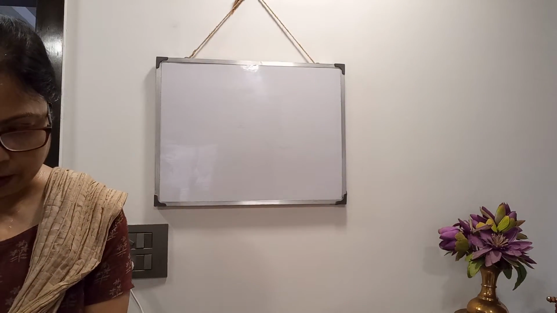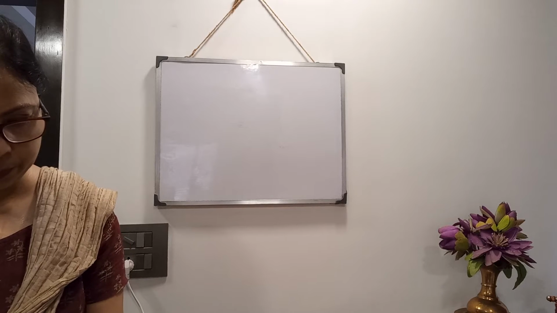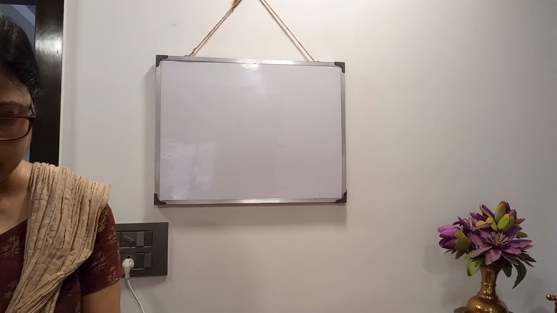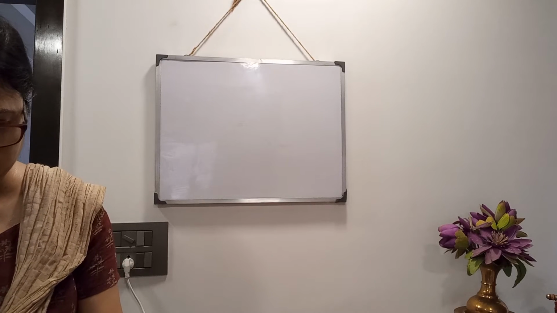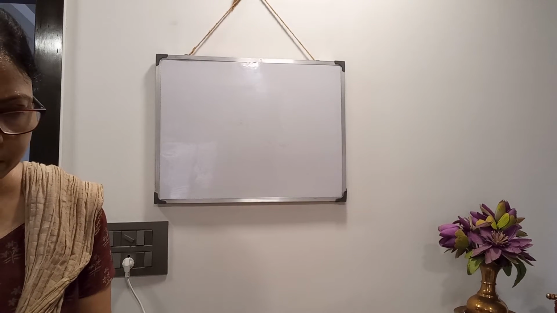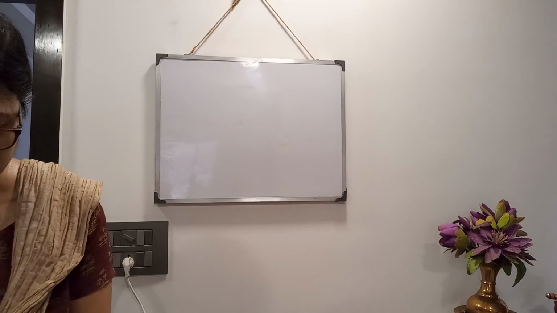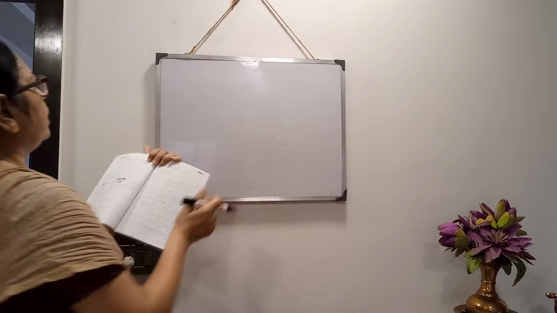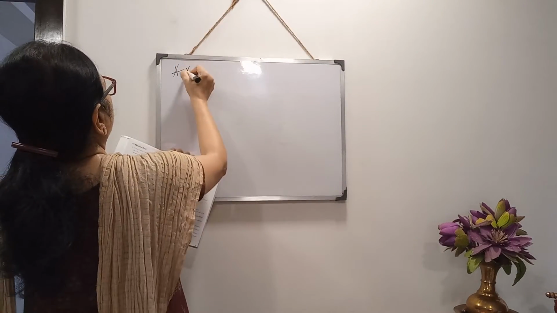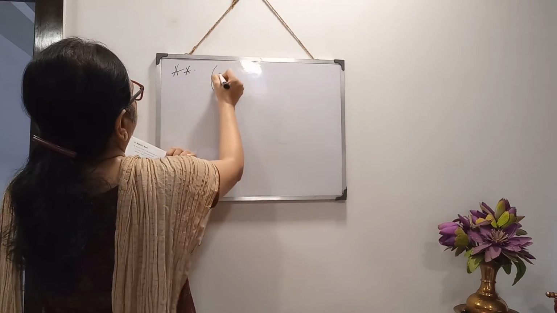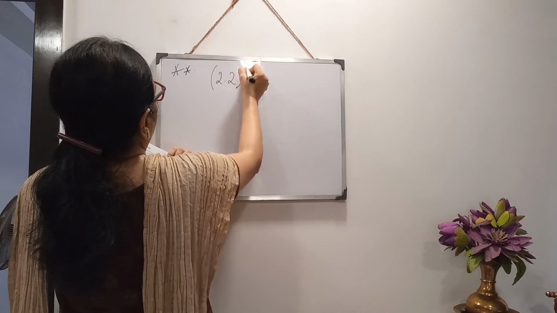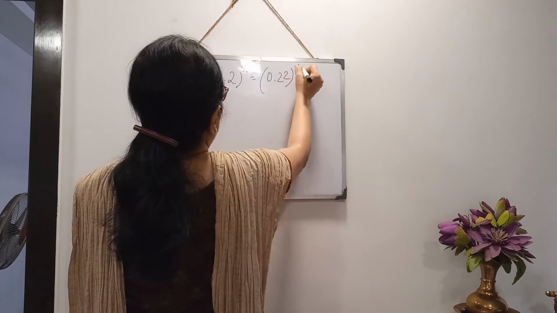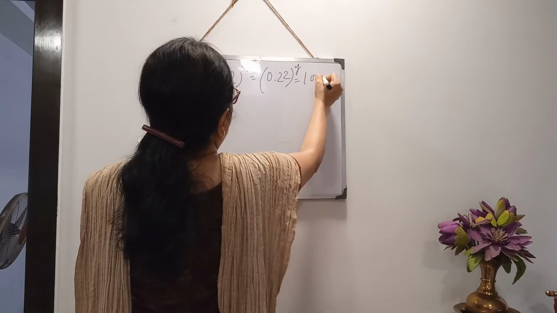Now suppose the sum is of this type, from the reference book. It is given a star mark. Suppose 2.2 to the power x equals 0.22 to the power y equals 100.